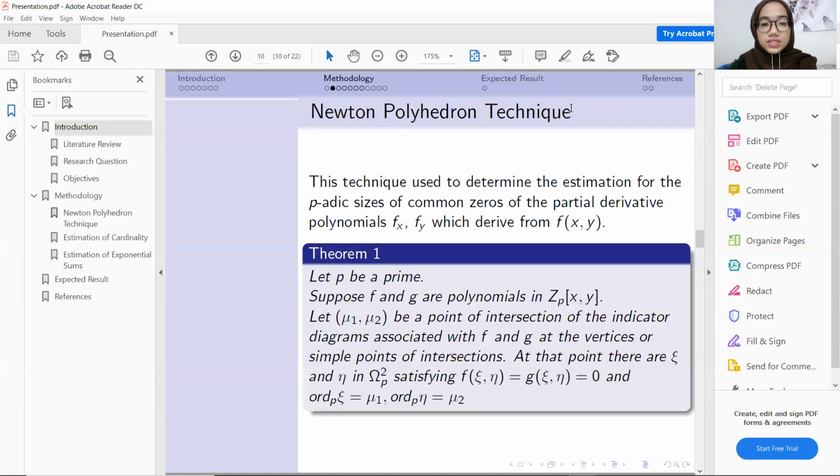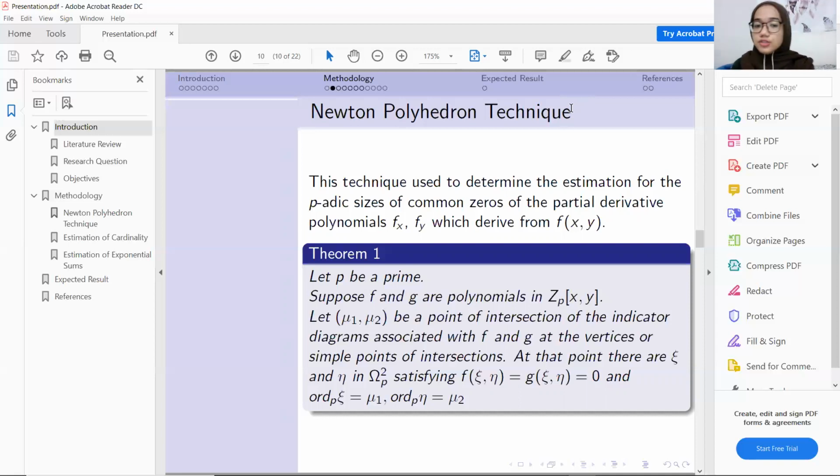So go to the first method, which is the Newton polyhedron technique. This technique was used by Mohamad Aktan and Loxton in 1986, and many researchers use this technique for lower degree two-variable polynomials, and also higher degree polynomials, but unfortunately, for higher degree polynomials it is less accurate.